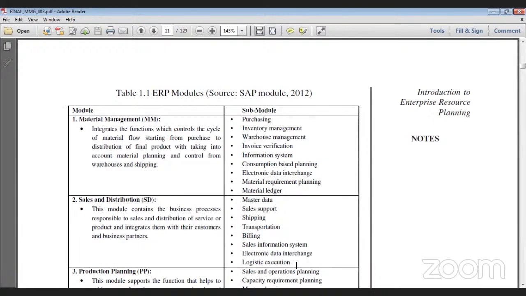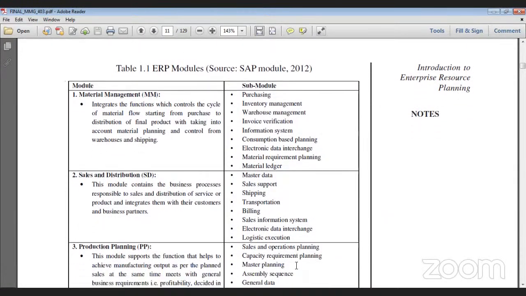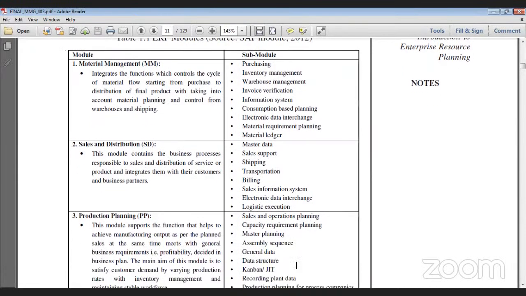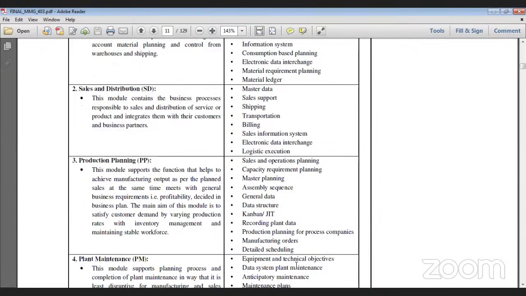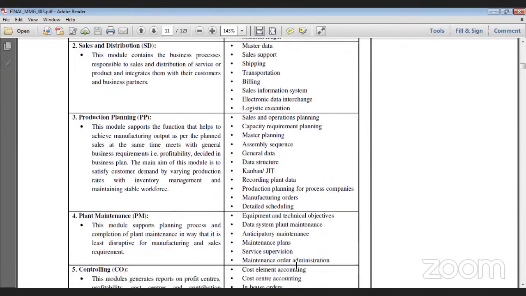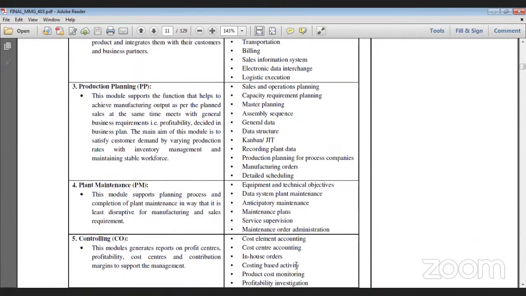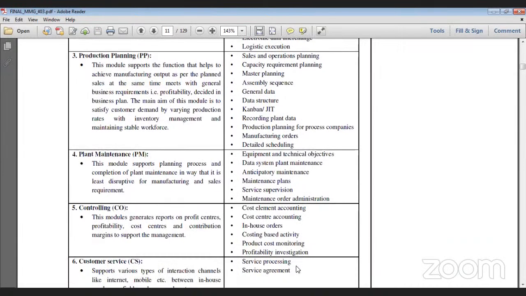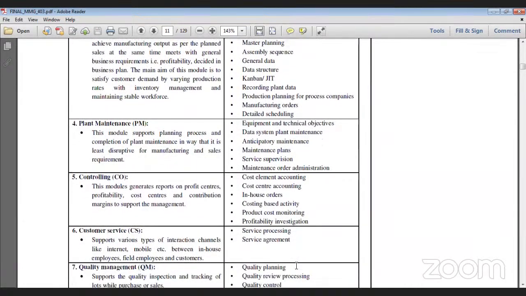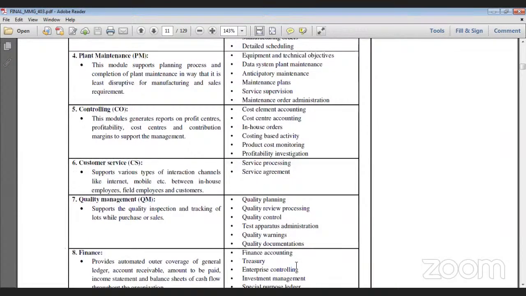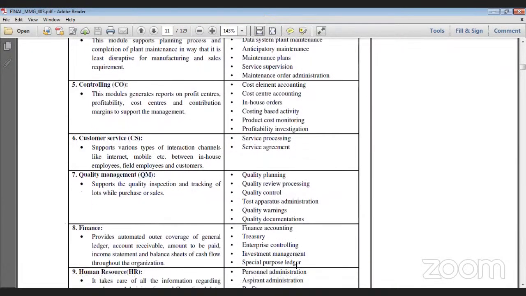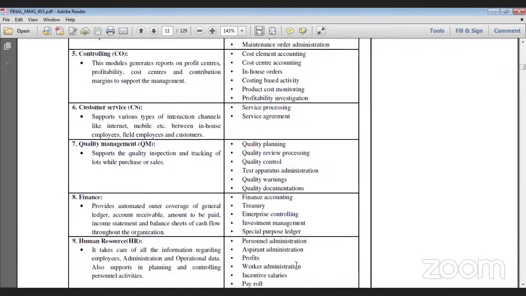First is material management, second is sales and distribution, third is production planning, fourth is plant maintenance PM, fifth is controlling CO, sixth is customer service CS, seventh is quality, eighth is finance, and ninth is human resource management, that is HR.